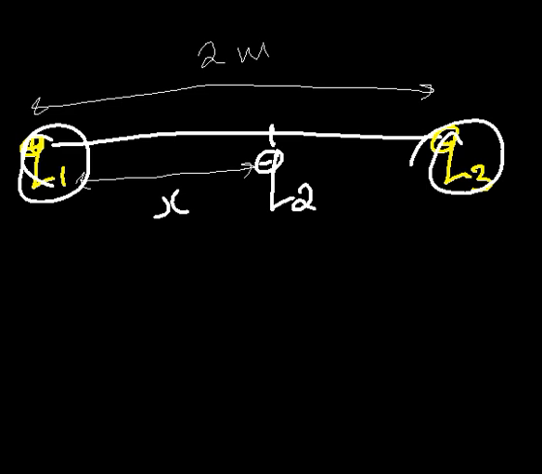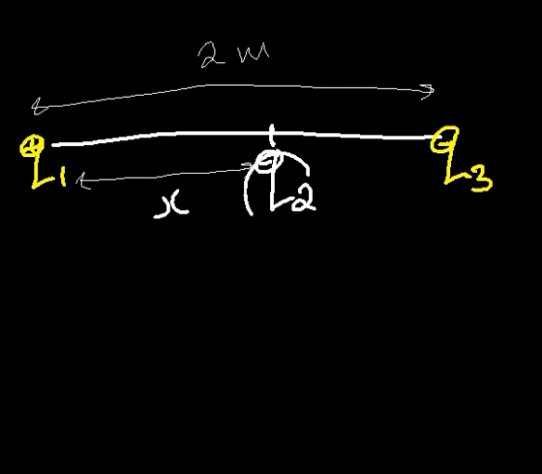In other words, what is the value of x that will make charge 2 experience a net force of zero? That is the principle behind the system of charges that will experience zero net force due to the other charges.